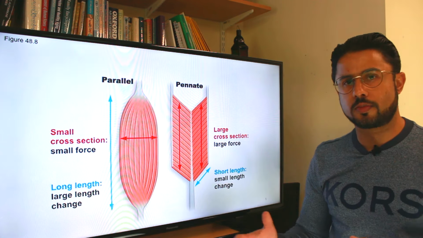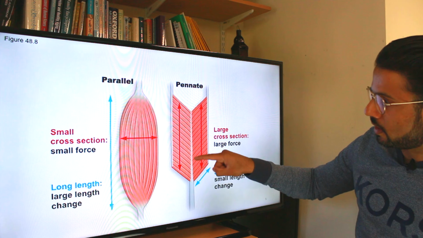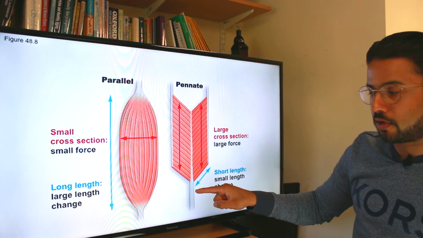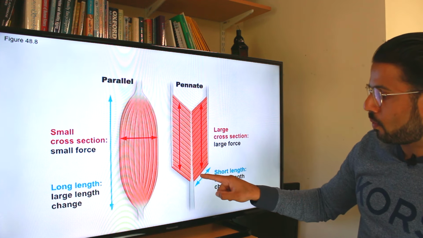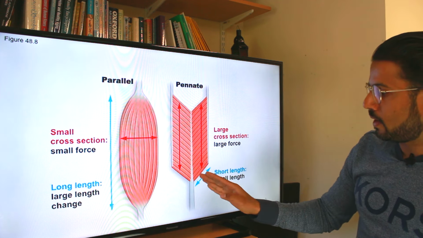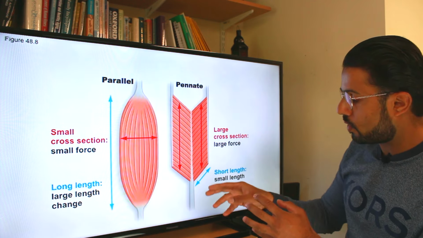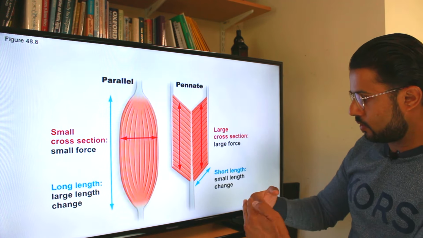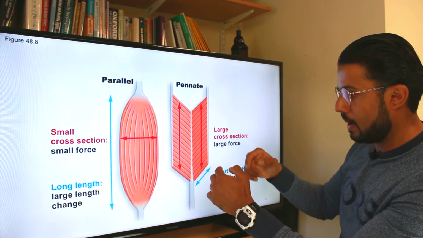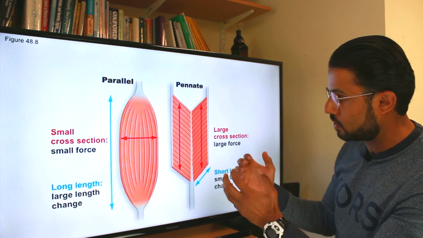So what we can see here is this is the tendon, this is the muscle, this is kind of like an imaginary line, the longitudinal axis from the tendon, from the insertion point, and what we can see is that this fan shape allows more actin and myosin fibers to be packed into this area, more cross-bridge formation and a stronger muscle contraction.